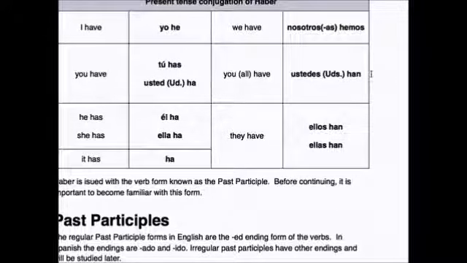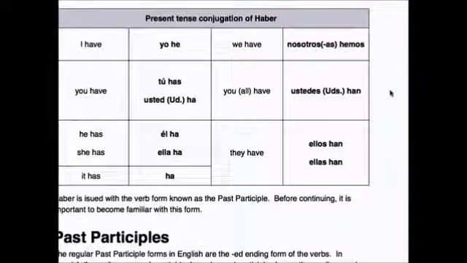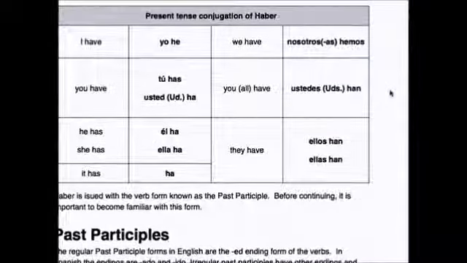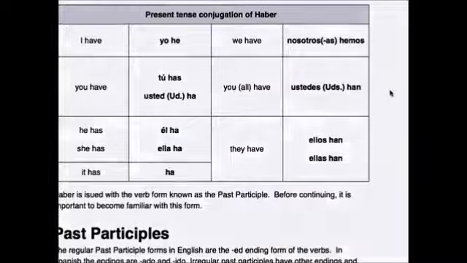Nadie tiene que hablar. Nadie tiene que hablar. All right, sounds a little tricky, but we're just doing and dealing with the 7 basic actions that we need in order to be able to express ourselves in past, present, and future.